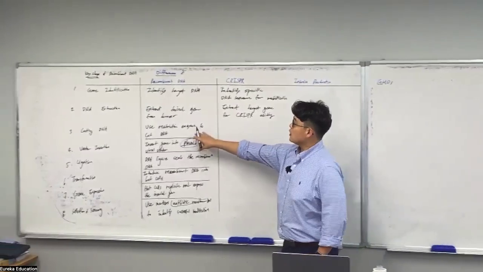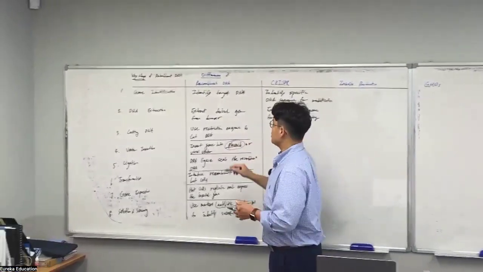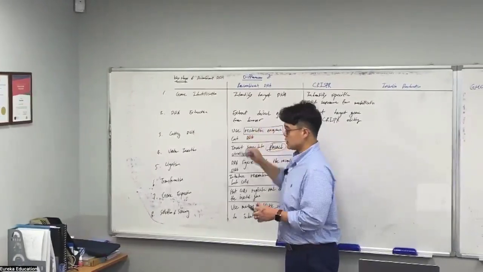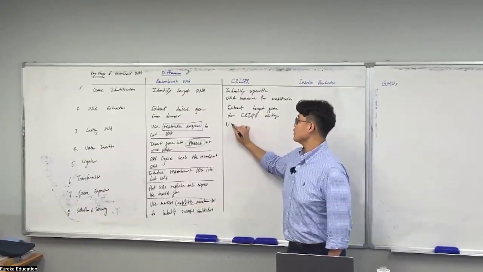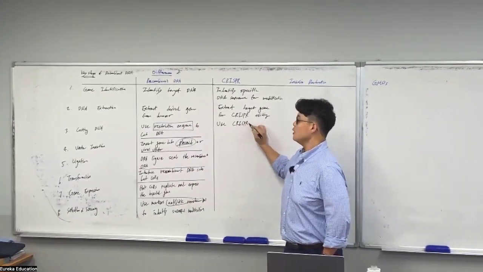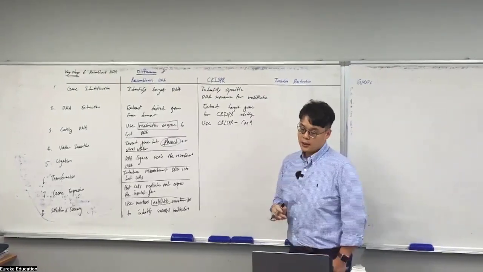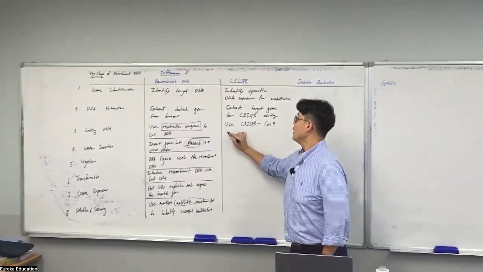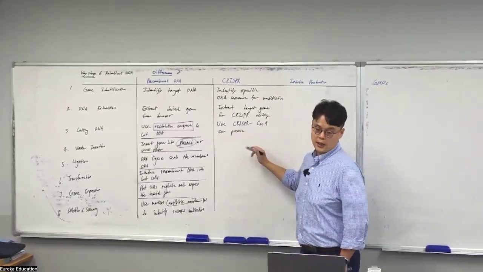For recombinant DNA, we use what? The restriction enzyme. This was the key to cutting the ends of DNAs. For the CRISPR process, we're using a very specific enzyme called Cas9. It's a type of enzyme and this is for precise editing.